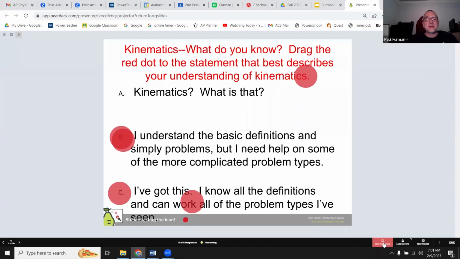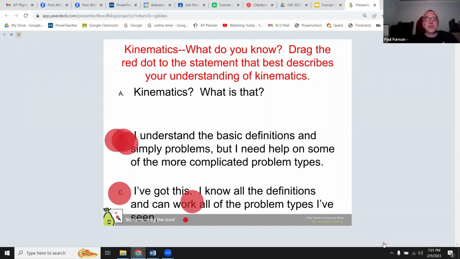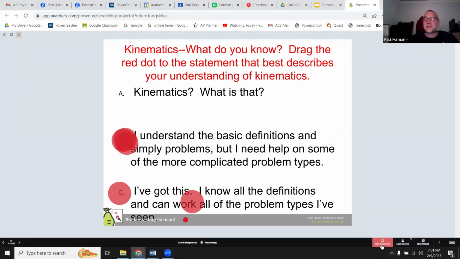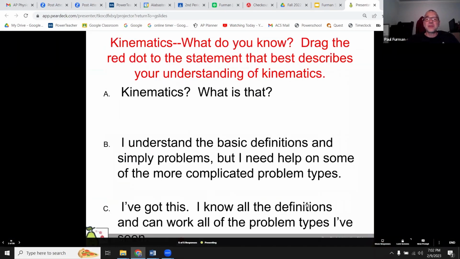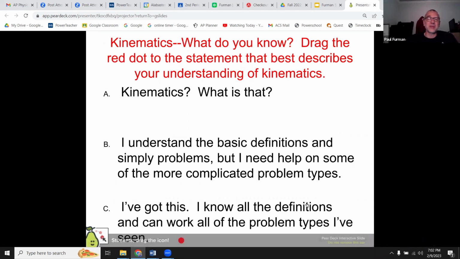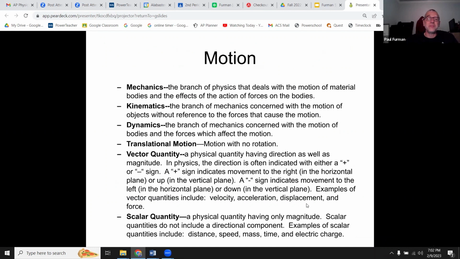And looks like we have mostly B's, but a couple of C's. So that's good. Hopefully it is something that you've already studied and completed the unit, but maybe it's just a little bit rusty, especially if you took it back in the August-September timeframe for last year.